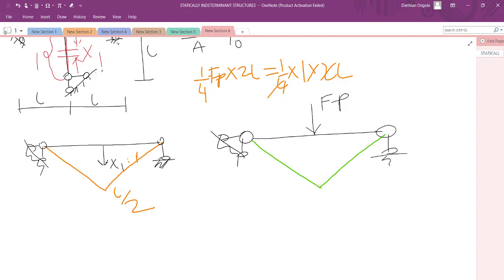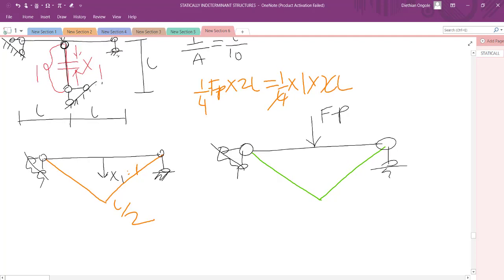The magnitude would still be given by 1/4 Fp times the length of the beam, which is 2L. So this would reduce to a half Fp, times the length L, like that. Having drawn these two, we now move on and solve for x1.